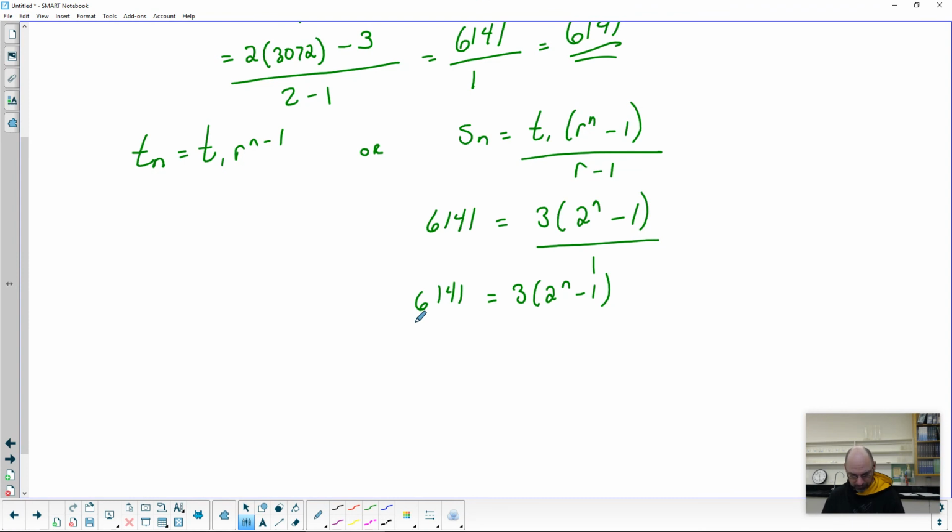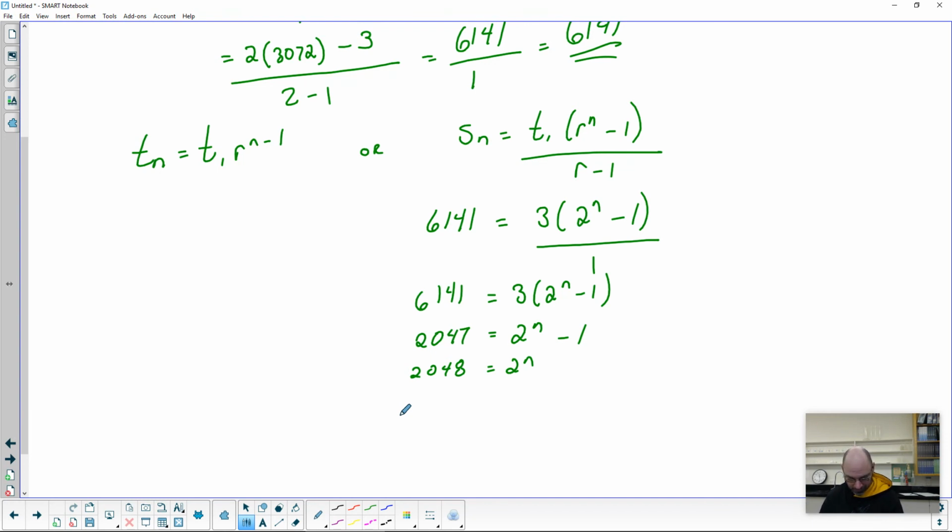6141 divided by 3. It does go evenly, so that helps a little bit. So 2047 equals 2 to the power of n minus 1. So we're going to add 1 to both sides. 2048 equals 2 to the power of n. Now we figure out how many powers of 2 do we need. So guess and check probably works here. 2 to the power of what?